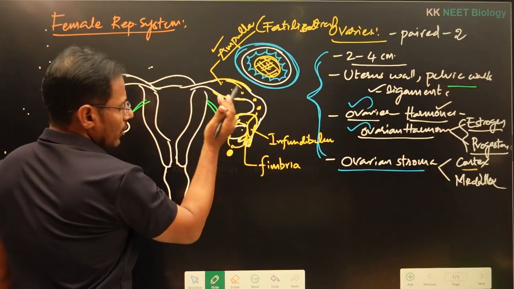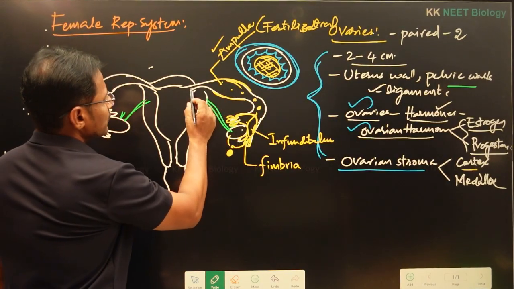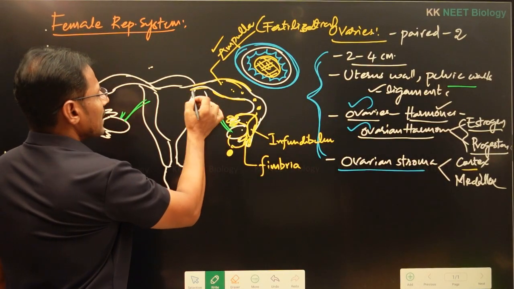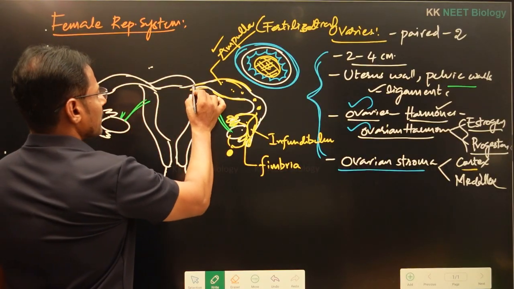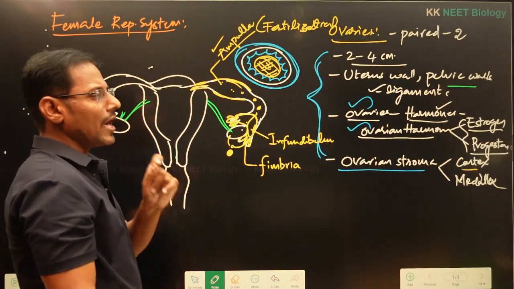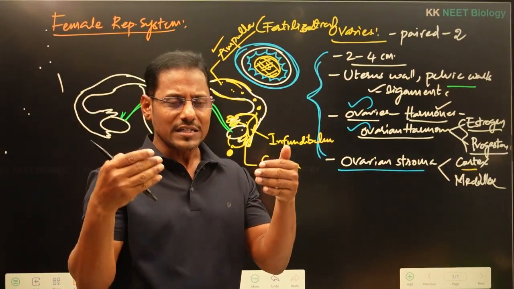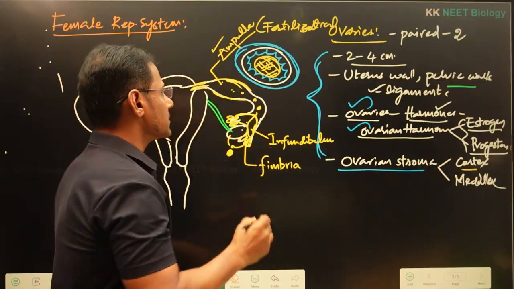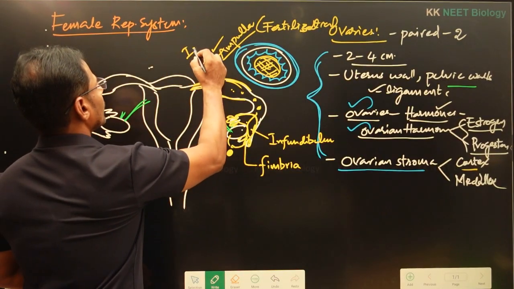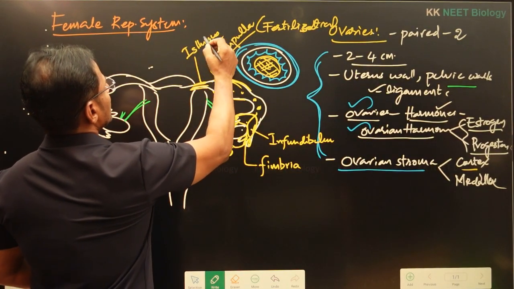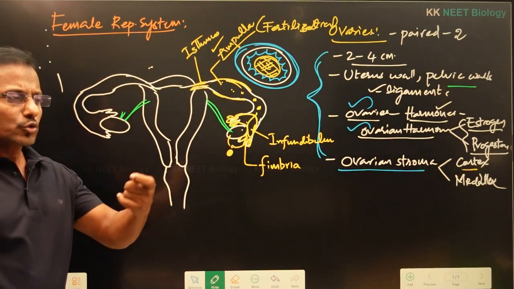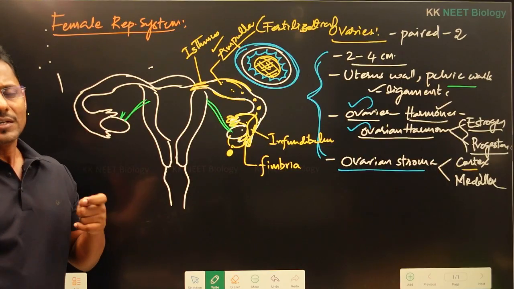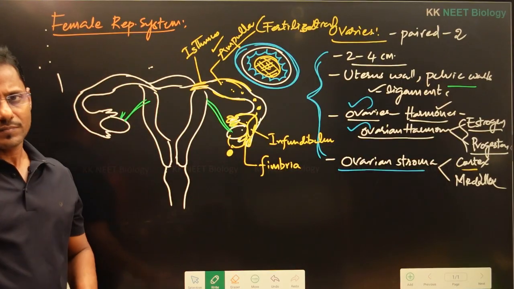And then a narrower part, which connects the ampulla and opens into the uterus. This small and narrow part is called the isthmus.